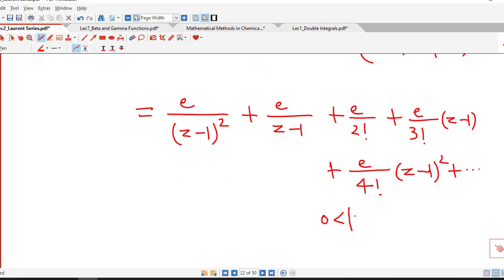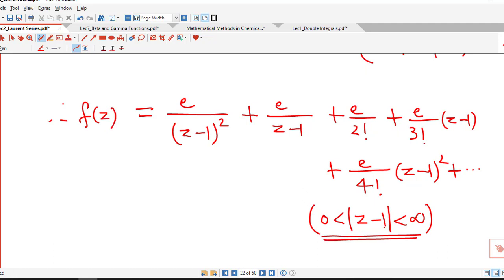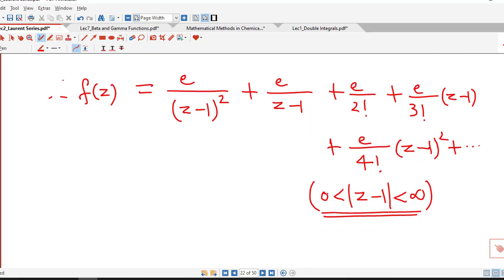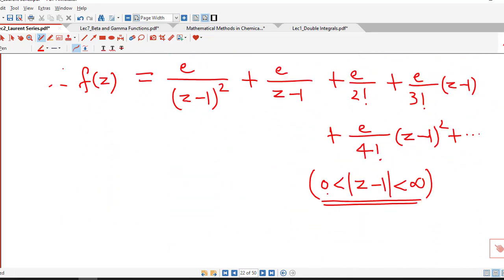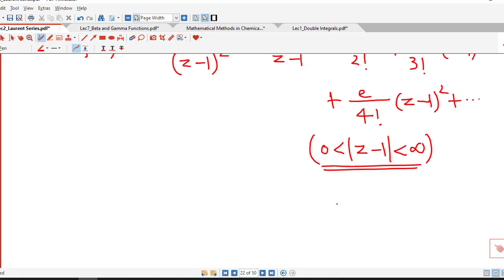and so on. And this is valid in 0 less than absolute value of z minus 1 less than infinite. This is valid in this annular domain, not open disk. This is the annular domain with center z equal to 1. So this is the Laurent series expansion of given function, and it is valid in the annular domain 0 less than mod z minus 1 less than infinite.